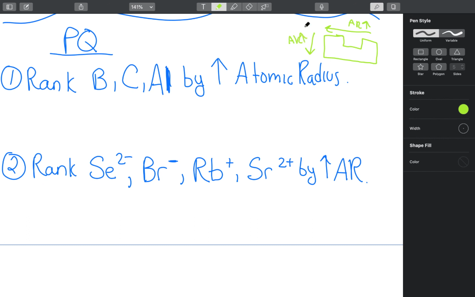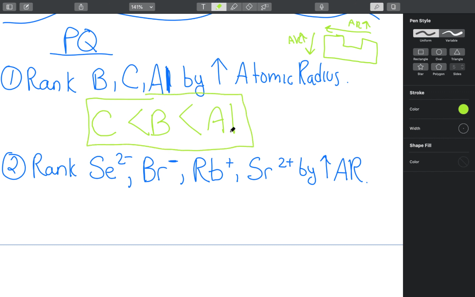So by using those trends, you can rank these by increasing atomic radius. You will get carbon, boron, and aluminum. So aluminum would be the largest, boron would be in the middle, and carbon would be the smallest.